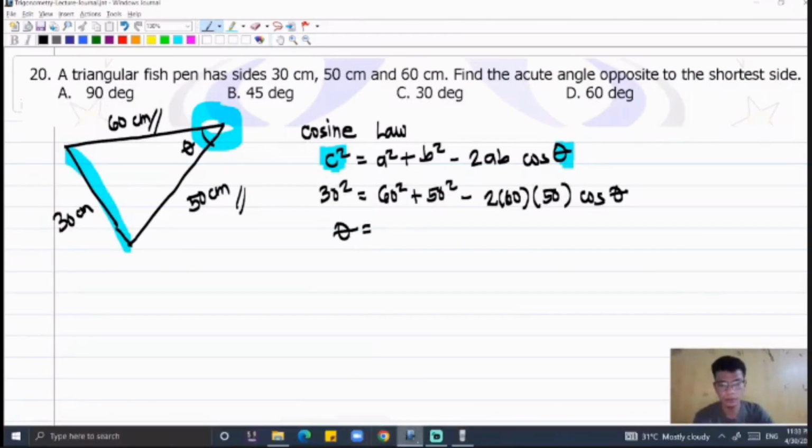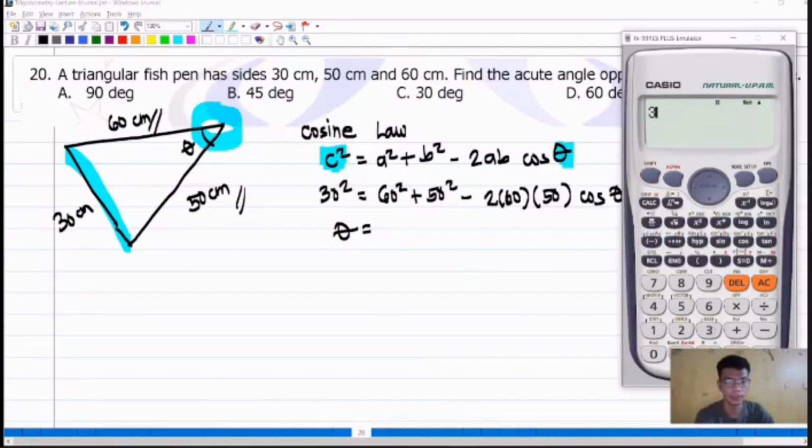So, kapag nag-shift solve tayo: 30 square equal 60 square plus 50 square minus 2 times 50 times 60 cosine x. Shift solve. Then bago nyo pindutin yung equals, mamili lang kayo ng isa na gusto nyo ilagay from the choices.